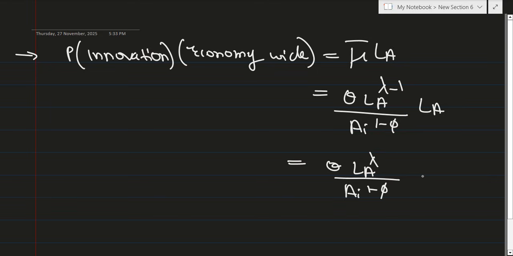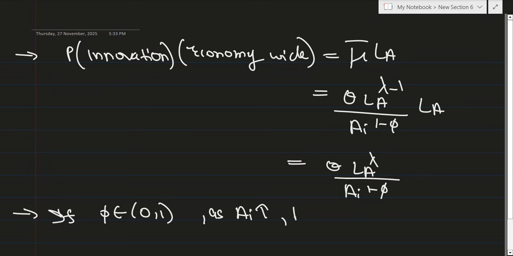Now we can see from this that if phi belongs to 0 to 1, as A_i increases the probability falls.